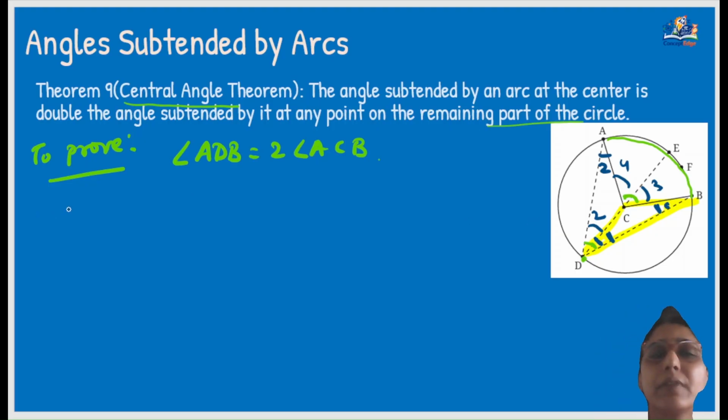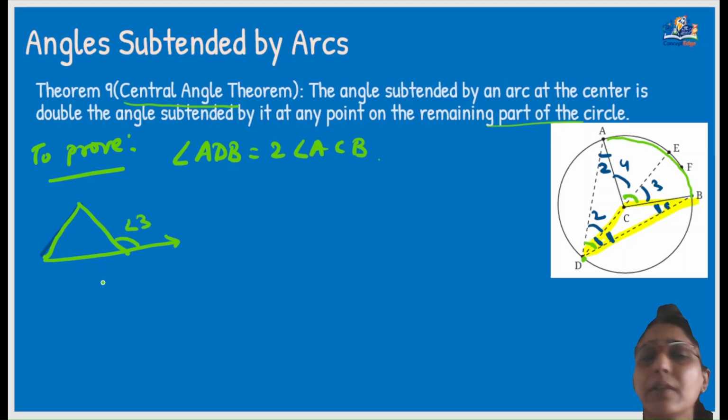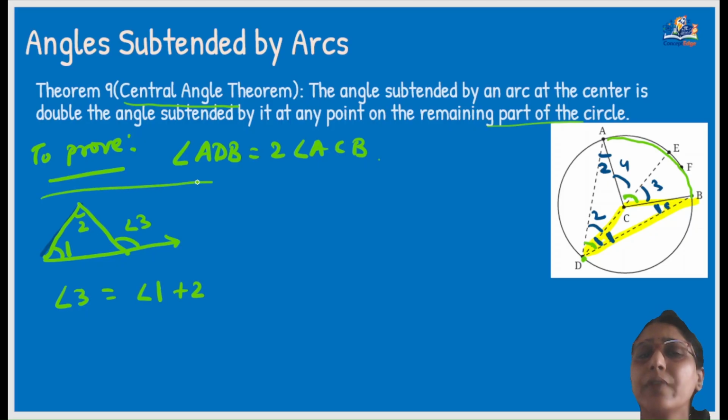Now we have learned one important property, which is the external angle property. What it says is, if I have this external angle 3 over here, then angle 3 is the sum of the far two interior angles, which is, let's say, 1 and 2. So I know that it is 1 plus 2. This we already know.